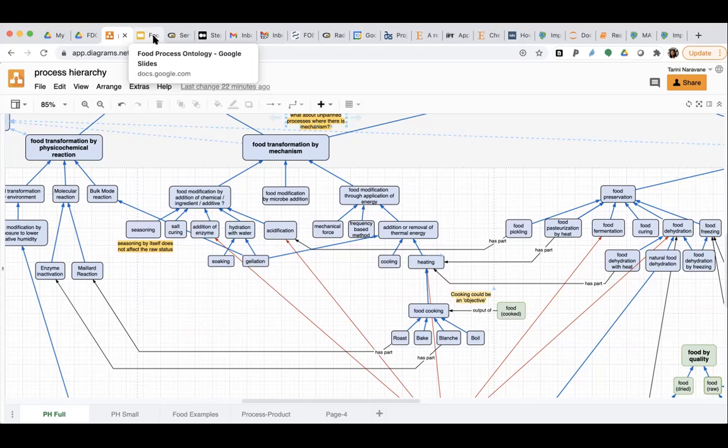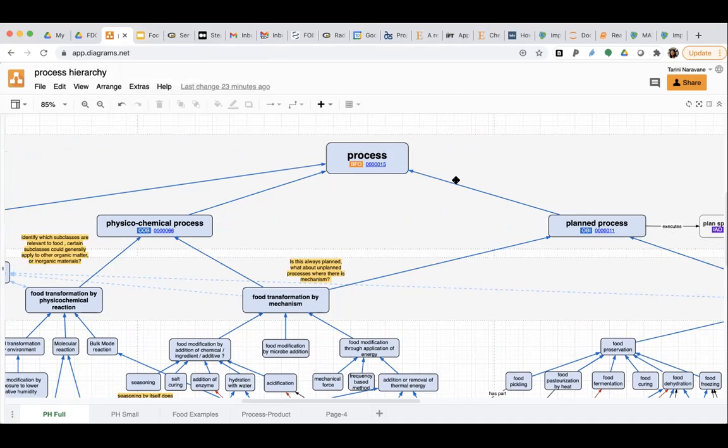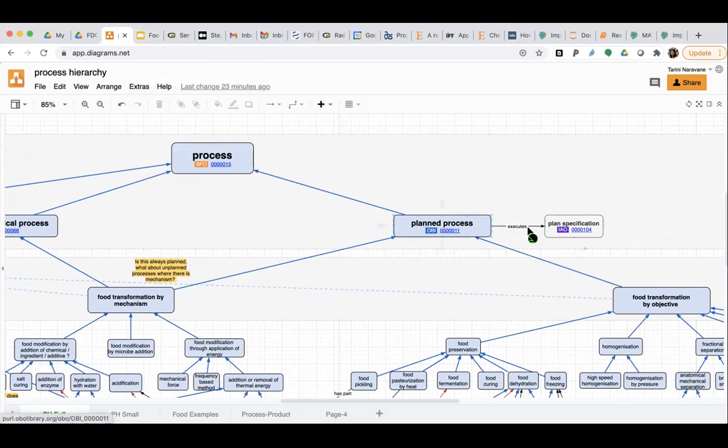Right. So for the robot cooking, I think that you need a sequence. Just to know that, for example, in pasteurization, heating is not enough, because you need to know how long it's been heated and to what temperature. At the moment there isn't really an execution, and I think Damien has an example here, right? A plan process executes a plan specification.